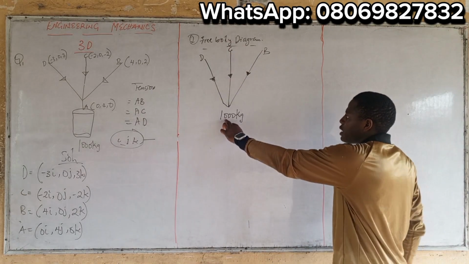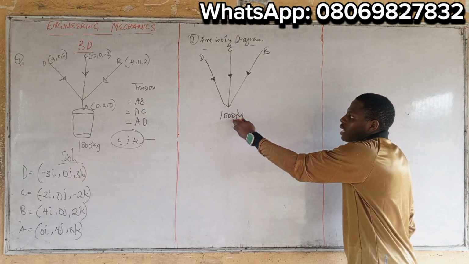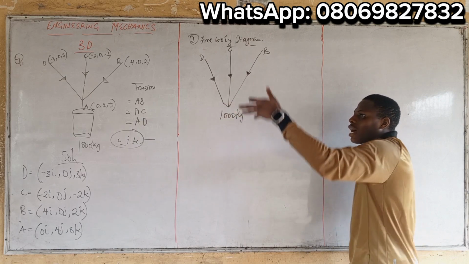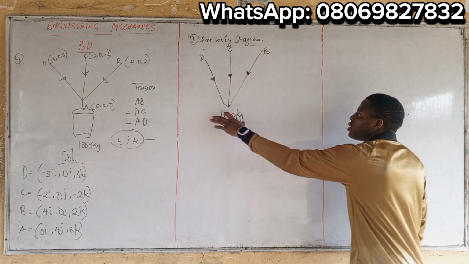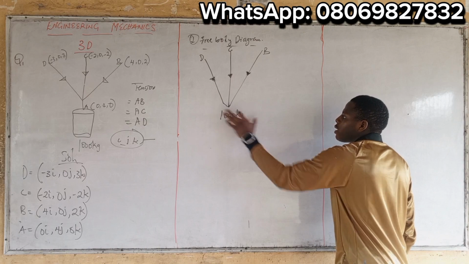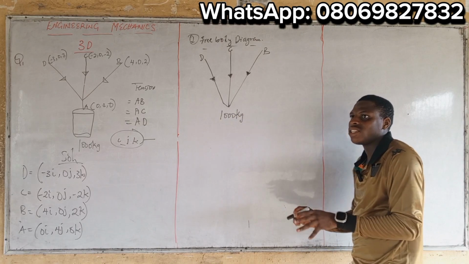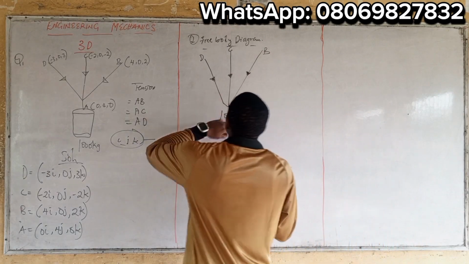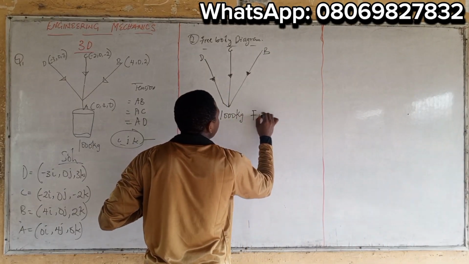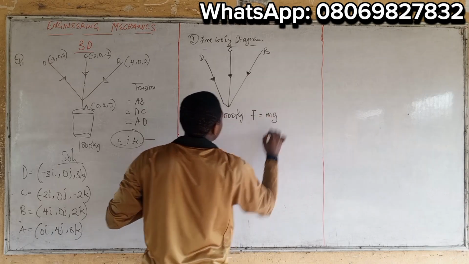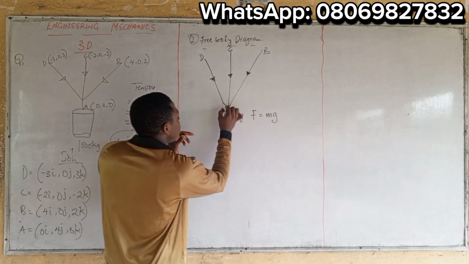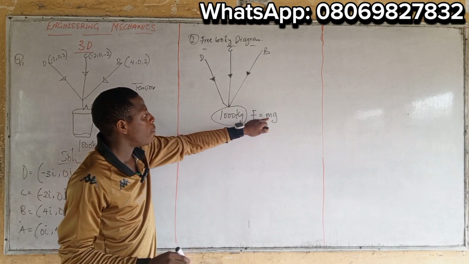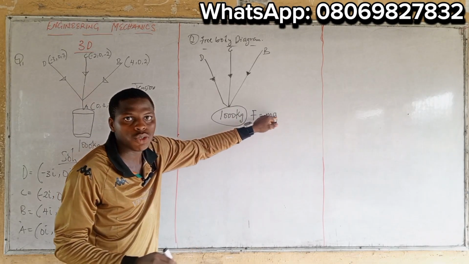Now, down here, what are you seeing? You are seeing 1000 kilogram. They told you that this cylinder was hung on a ceiling. So since we are seeing 1000 kilogram here, what should come to your mind? Acceleration due to gravity. So here, we simply have F equal to mg. This is how you calculate the force at this point: mass times acceleration due to gravity.